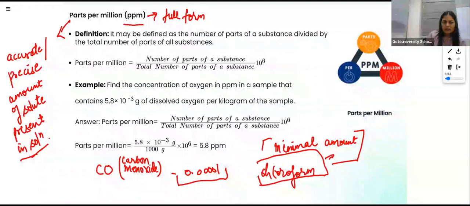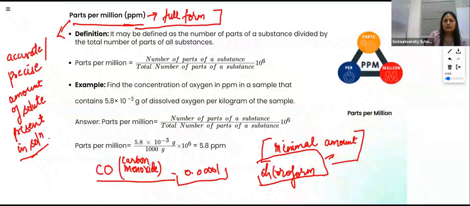So to get the minimal amount of such reactive substances, we use the ppm method, okay, to get the precise or accurate amount of solute to be added in the solvent.